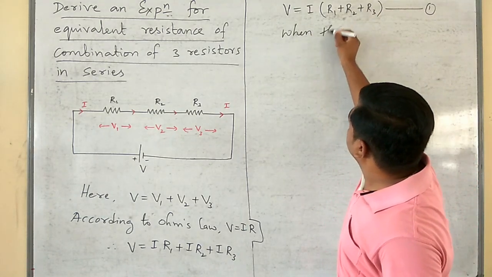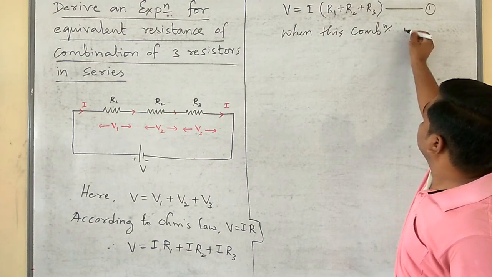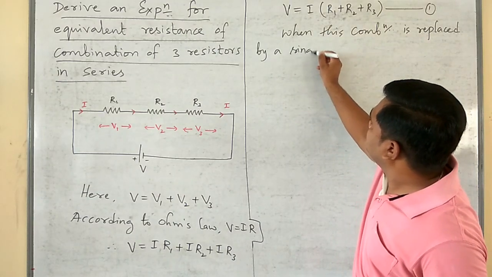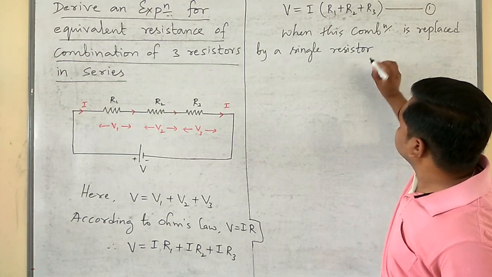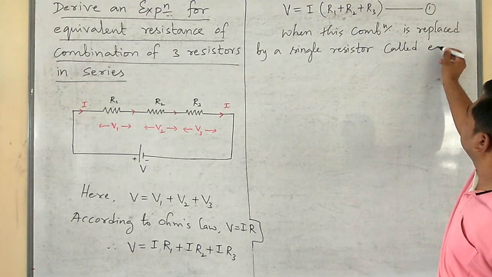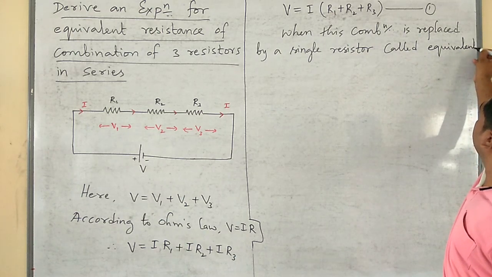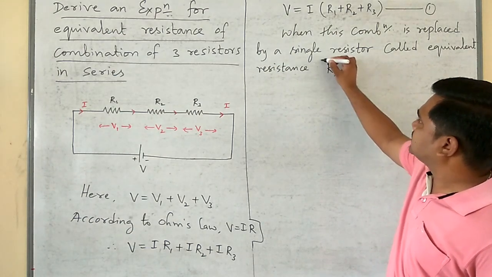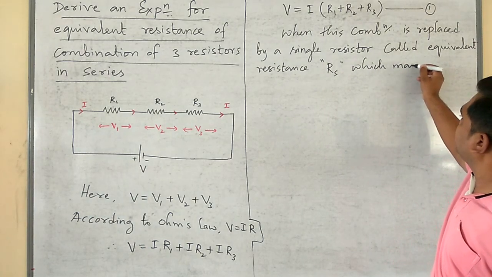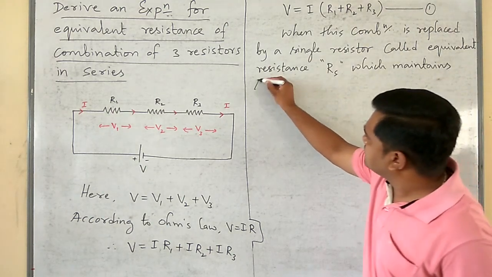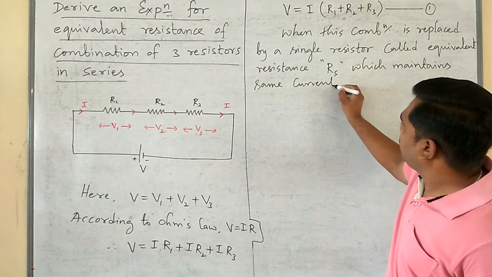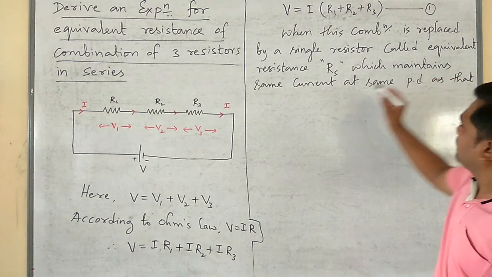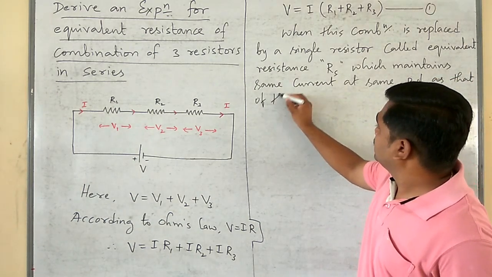When this combination is replaced by a single resistor called equivalent resistor or resistance, here equivalent resistance is RS, which maintains the same current at the same PD as that of the combination.